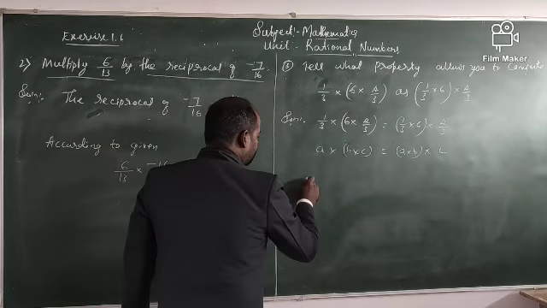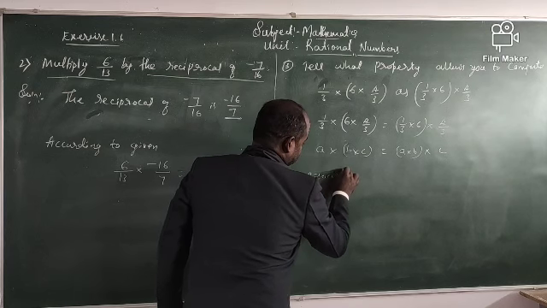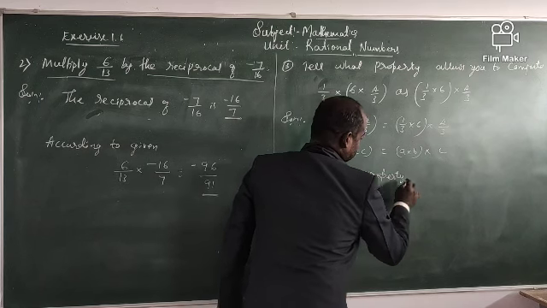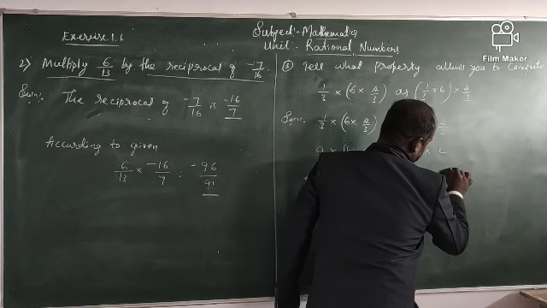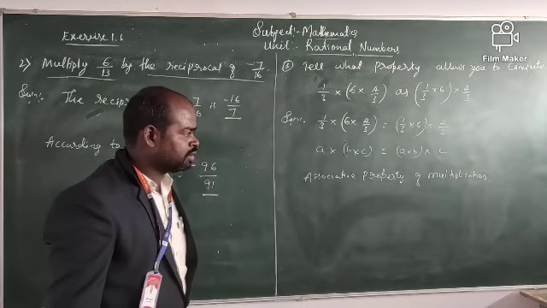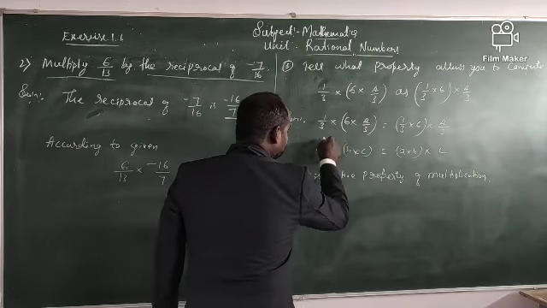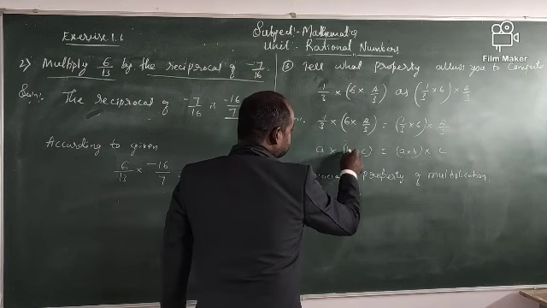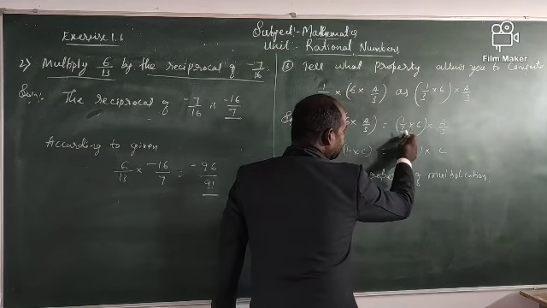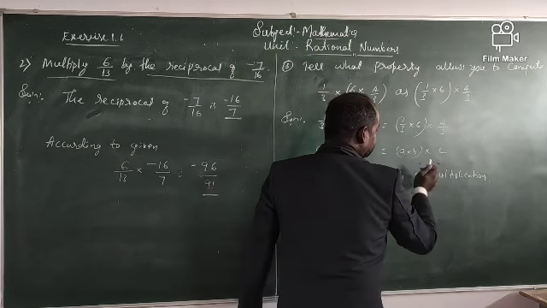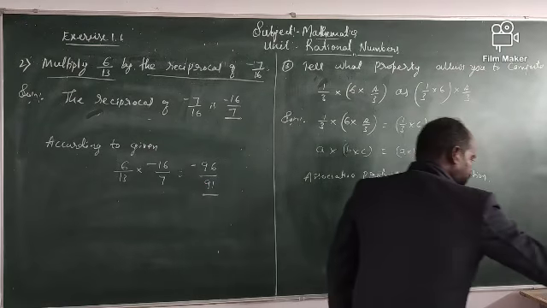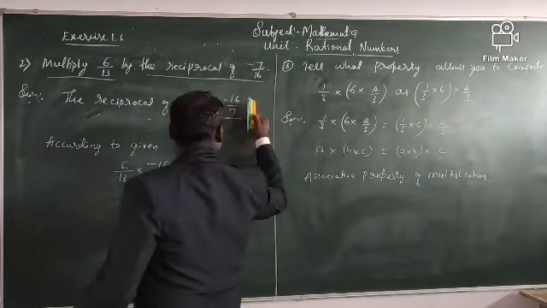Yes, this is the associative property of multiplication. Clear children? See here, in the place of A, 1 by 3 is there, in B place 6 is there, in C place 4 by 3 is there. Next we will pass to the next problem.